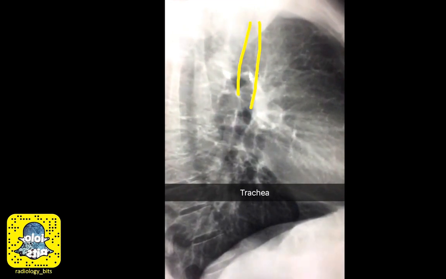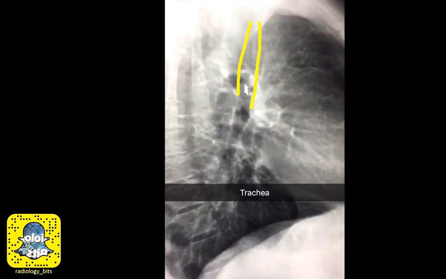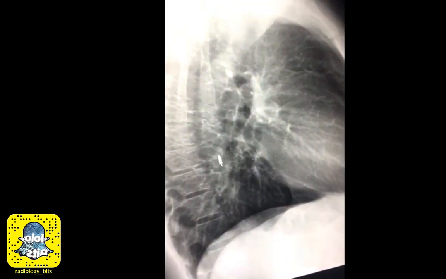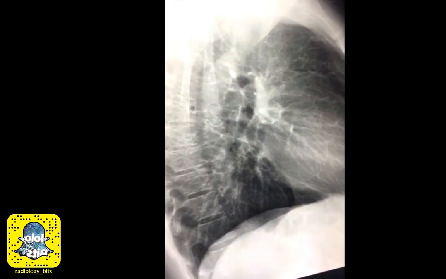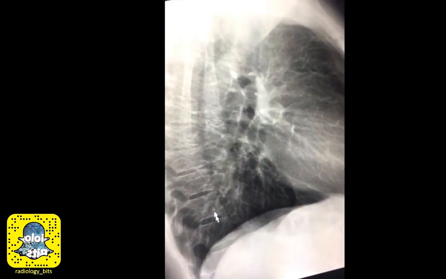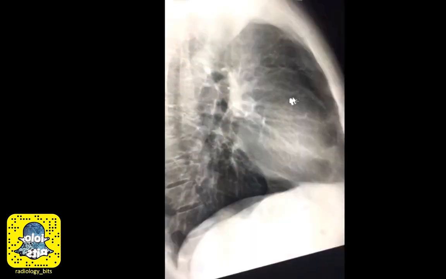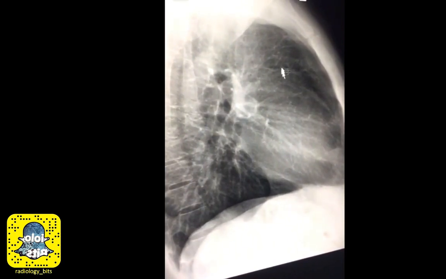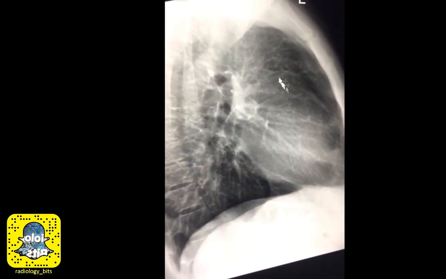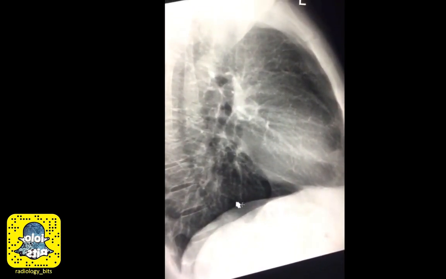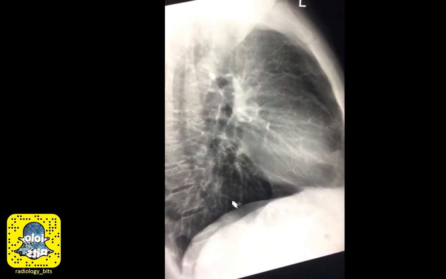This dark column of air is air contained within the trachea, so this is the trachea. The arching white structure here is the aortic arch, and this here is the spine as expected as well. Similar to the retrosternal space, here you have another dark space behind the heart, which is the retrocardiac space.